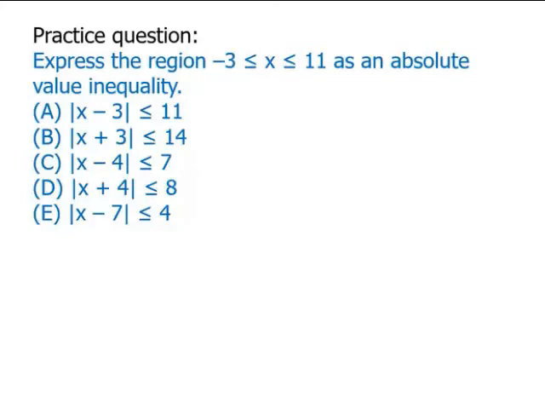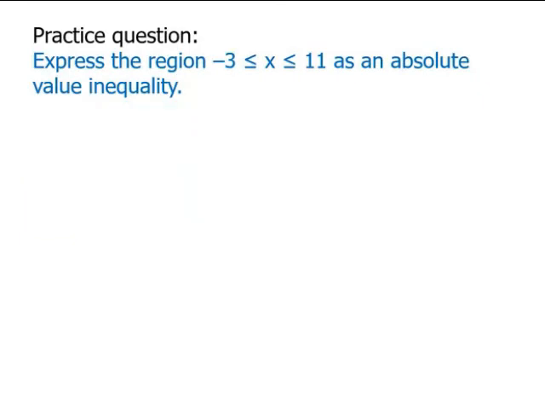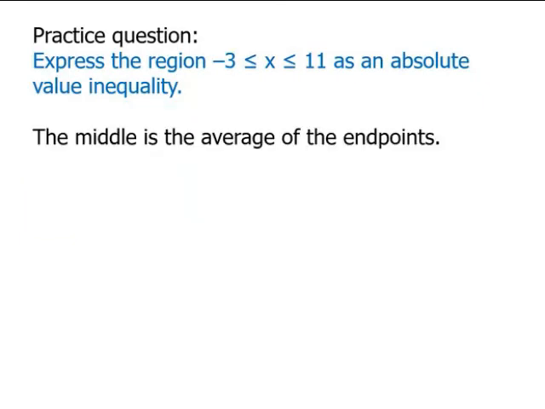Express the region -3 less than or equal to x less than or equal to 11 as an absolute value inequality. We'll notice a few things. First of all, notice that the endpoints are now included because we have less than or equal to. We still need to find the midpoint. And so we'll take the average, we'll add those two up. So -3 plus 11 is positive 8. Divided by 2 is positive 4.